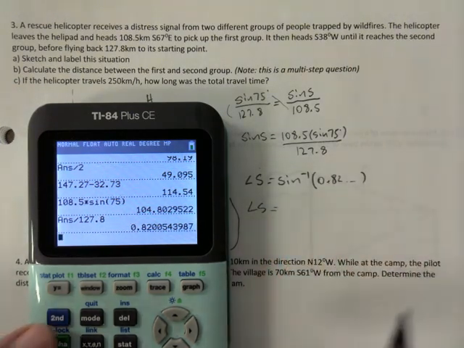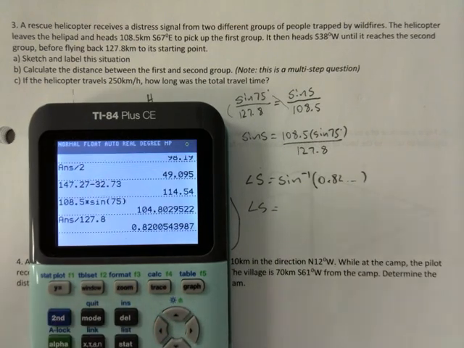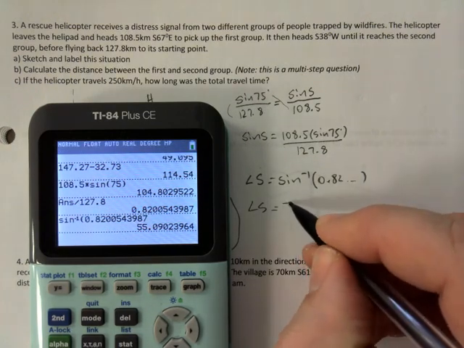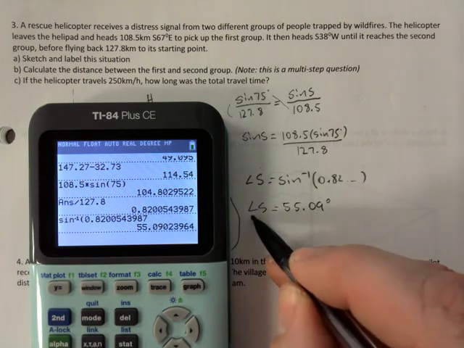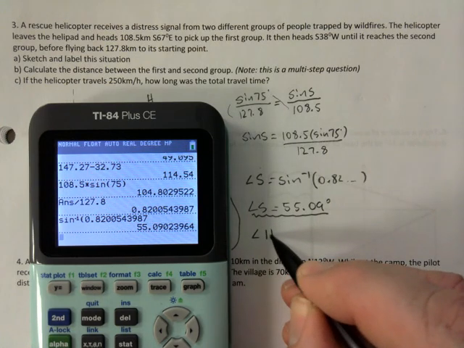Angle S is the inverse sine of that. So that's 55.09 degrees. Important, because that's going to allow me to figure out angle H.